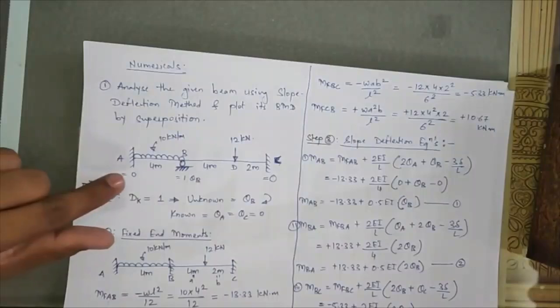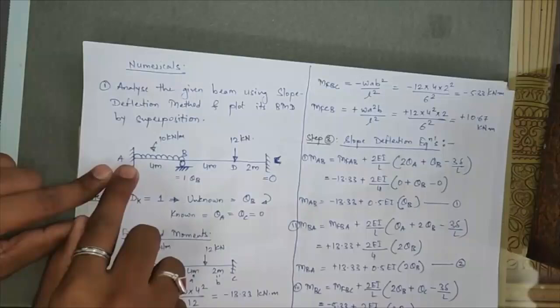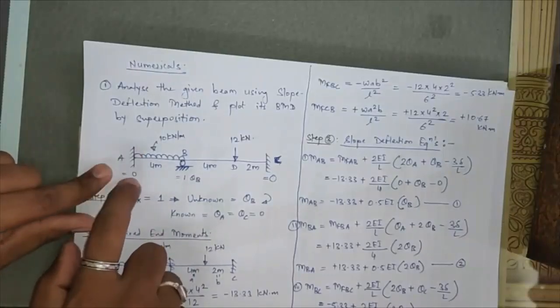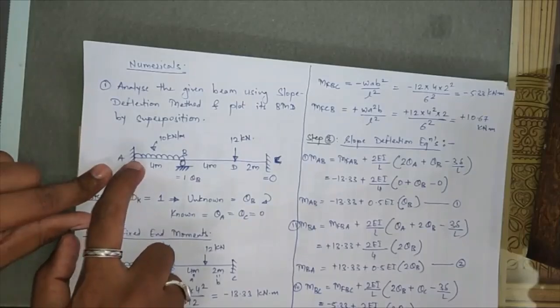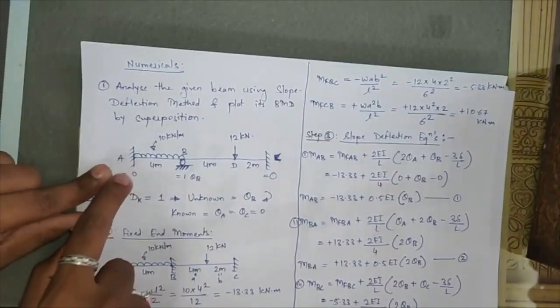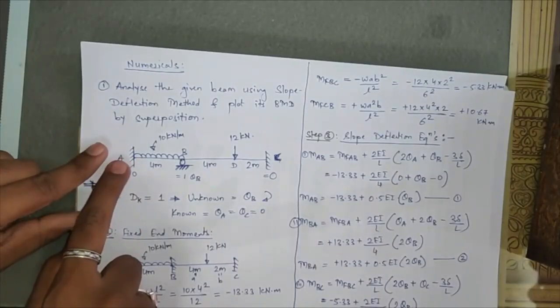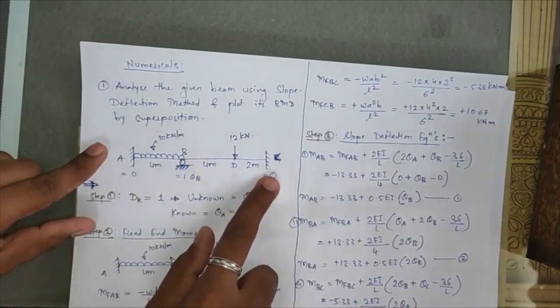That is, at your joint A, can I say that moment occurring at this joint will be 0? No, because here it is a fixed support, so I cannot say. If there is an end that is having a hinge or roller support over this joint A, then I can definitely say that moment coming at this joint A will be 0. Same way for C, because it is also fixed.